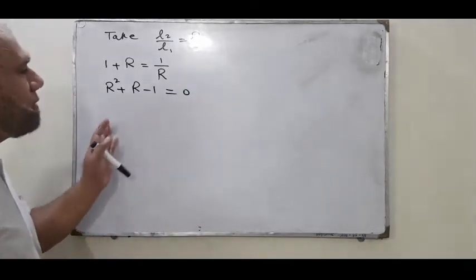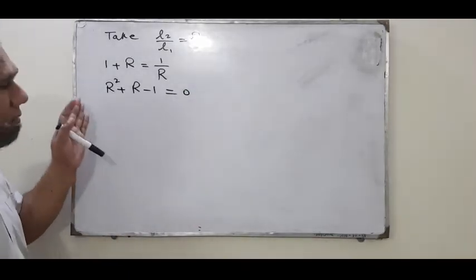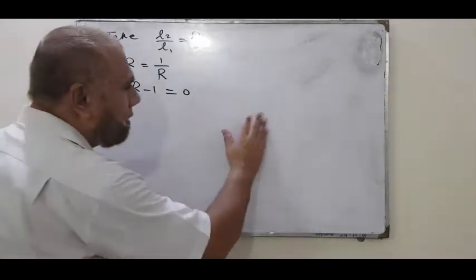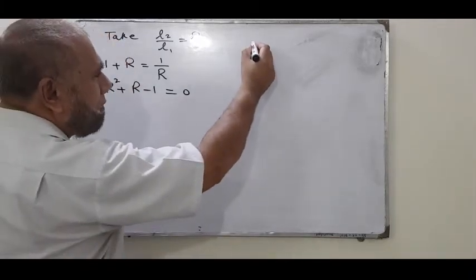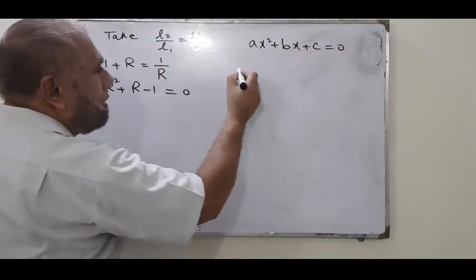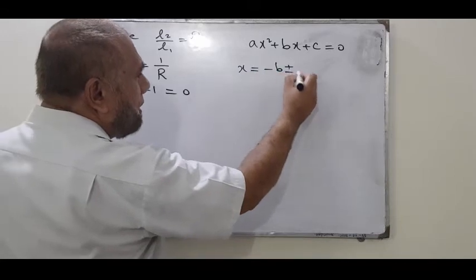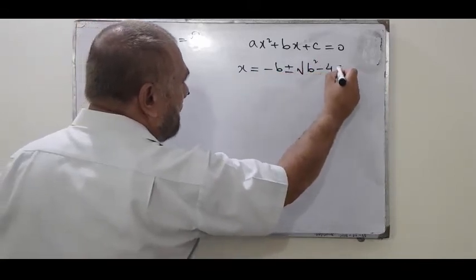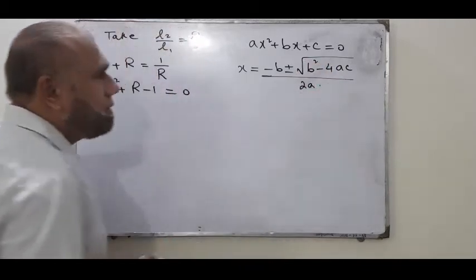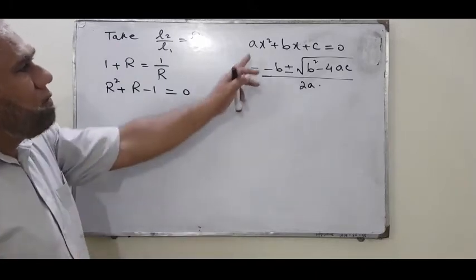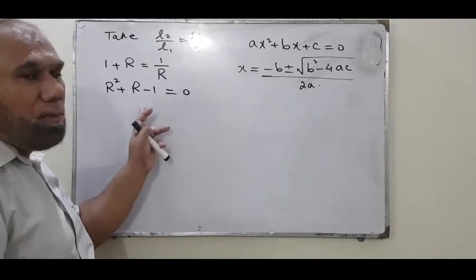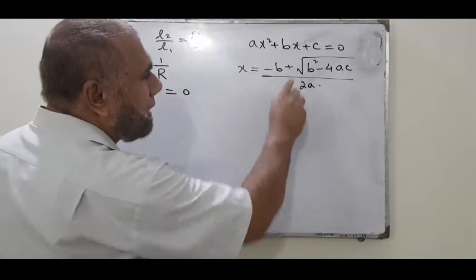The standard equation is ax square plus bx plus c equals 0. The formula is x equals minus b plus or minus the square root of b square minus 4ac, all over 2a. This plus minus gives you the two roots. As I told you, we are using only the positive root, so we will ignore the negative root.